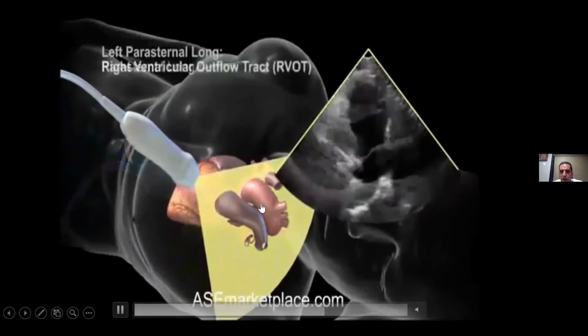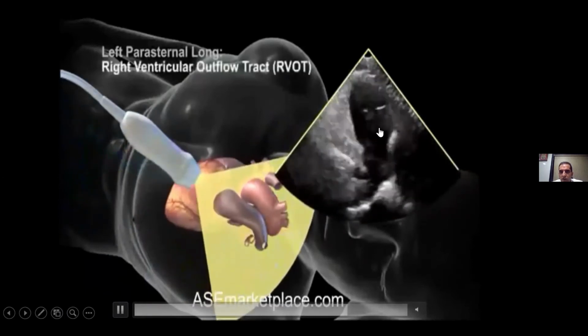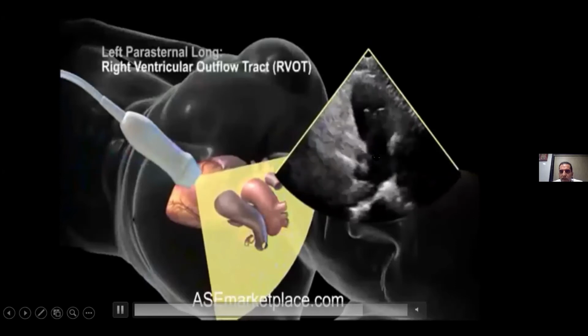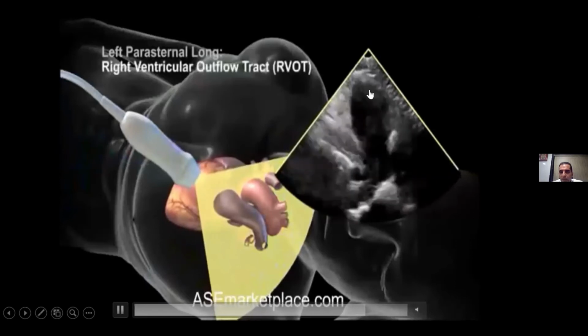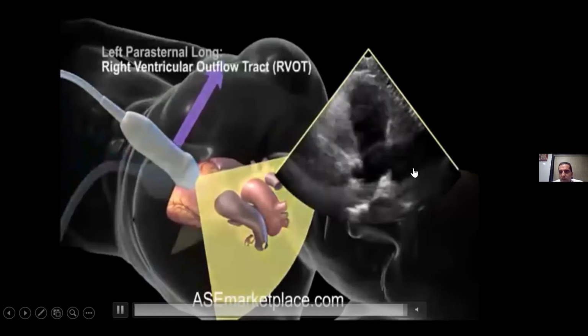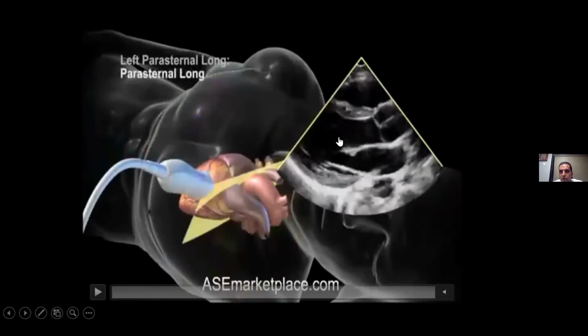And then if you sweep up, you start seeing this pulmonary artery. And this is MPA, main pulmonary artery. This is RPA and this is LPA. So this is your standard plaques view, and when you sweep up, you saw that this vessel aorta is gone, and you start seeing another vessel coming from upside down at right angle.